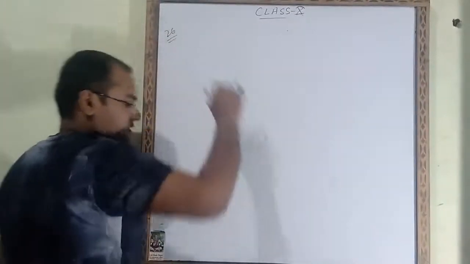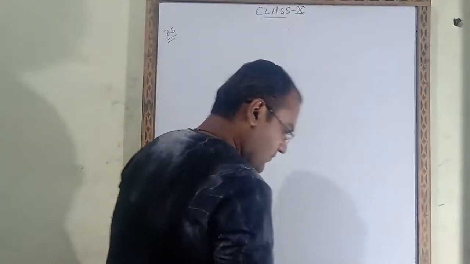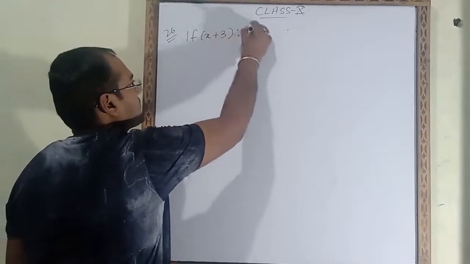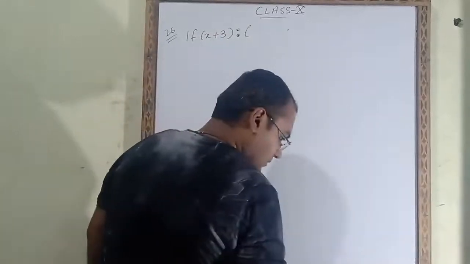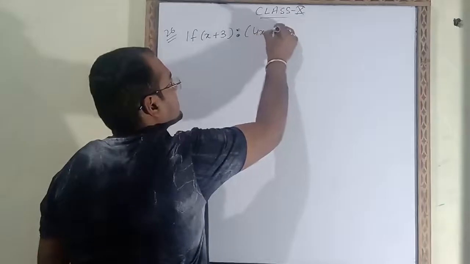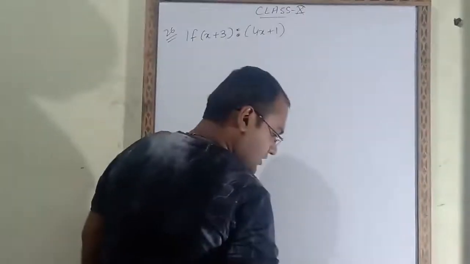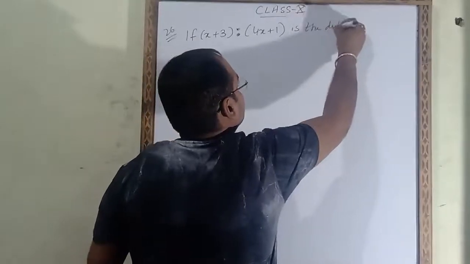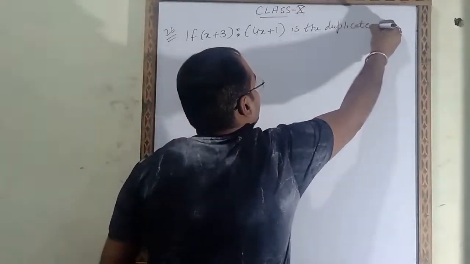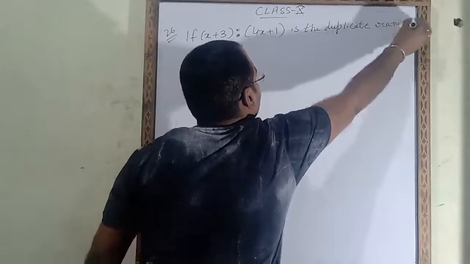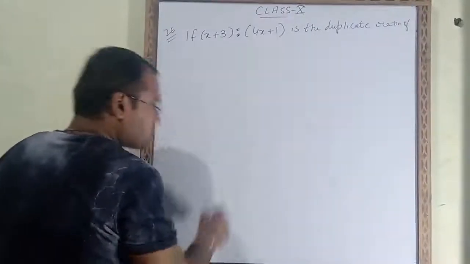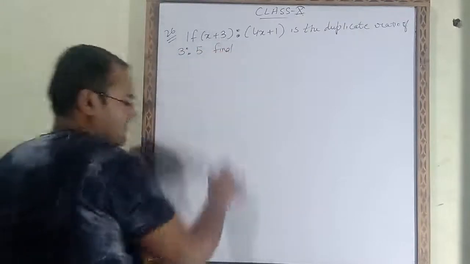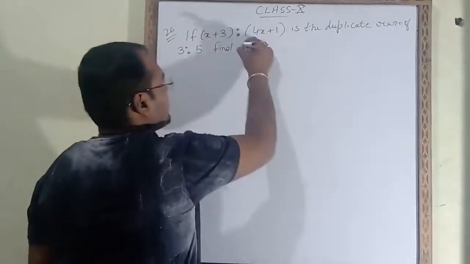Question number 26. If x plus 3 : 4x plus 1 is the duplicate ratio of 3:5, then find the value of x.